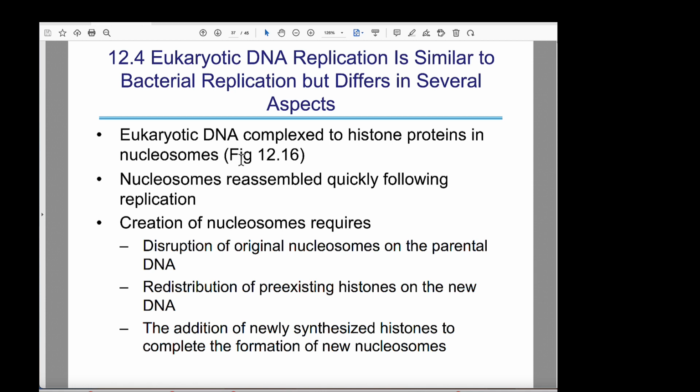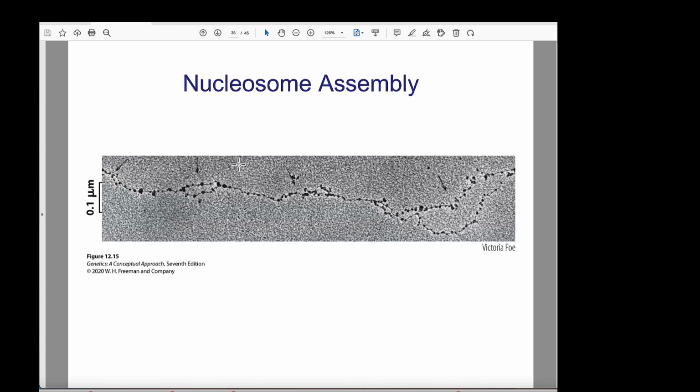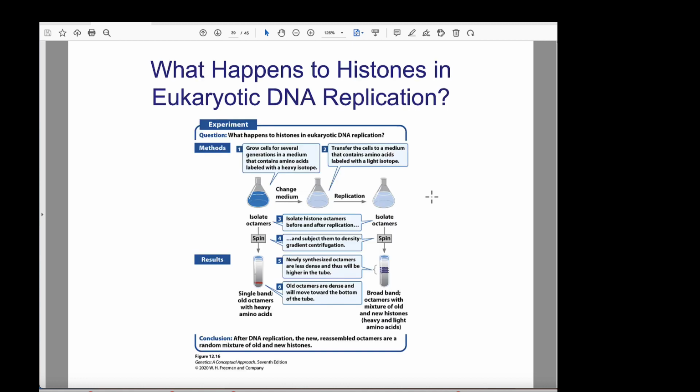Because these histone proteins, as you can see here, this is an example of nucleosome assembly right here. This also is another layer of complexity that contributes to the timing or the delay that we see in replication of a eukaryotic cell versus a prokaryotic cell, because the timing is significantly different.